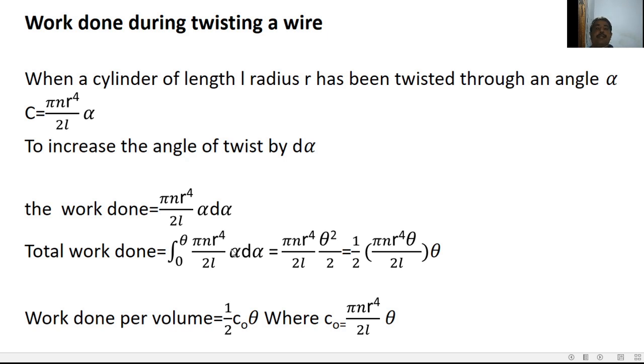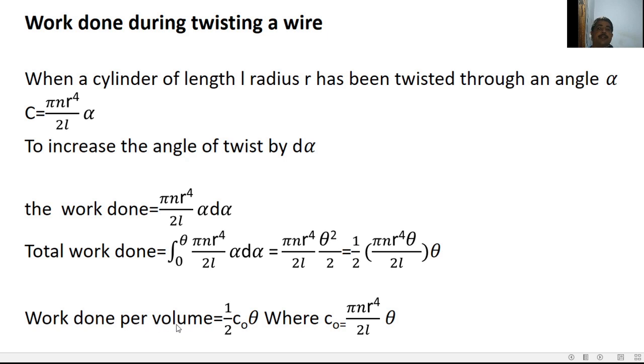Here the integration of alpha is alpha square by 2. Therefore this equation becomes pi eta r to the power 4 by 2L into theta square by 2, by applying the limit. Now this equation can be written as 1 by 2 into pi eta r to the power 4 theta by 2L into theta, because theta square can be written as theta into theta.